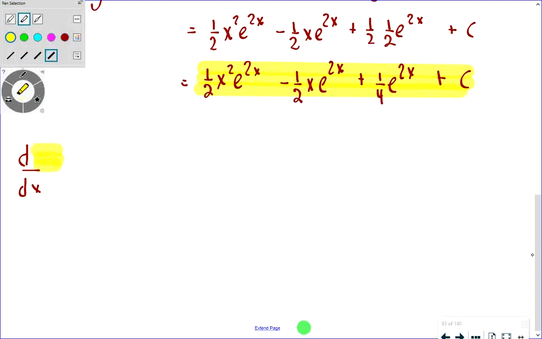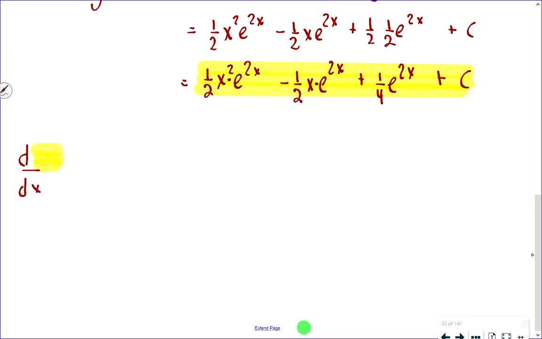They're both products, so I have to use the product rule. The derivative of the first is x times the second, e to the 2x, plus the first, 1/2 x squared, times the derivative of the second, 2 e to the 2x.